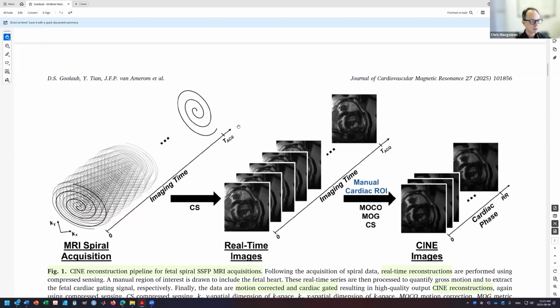This allowed us to create a real-time reconstruction of those data using compressed sensing, which allowed us then to define regions of interest within the fetal anatomy for motion tracking, for motion correction, as well as to detect the cardiac cycle for gating. So we would motion correct the data, perform cardiac gating, and then that allowed us to bin the data for a subsequent Cine reconstruction, which then allowed us to combine data from across this real-time acquisition to generate higher signal-to-noise ratio and potentially higher quality images.